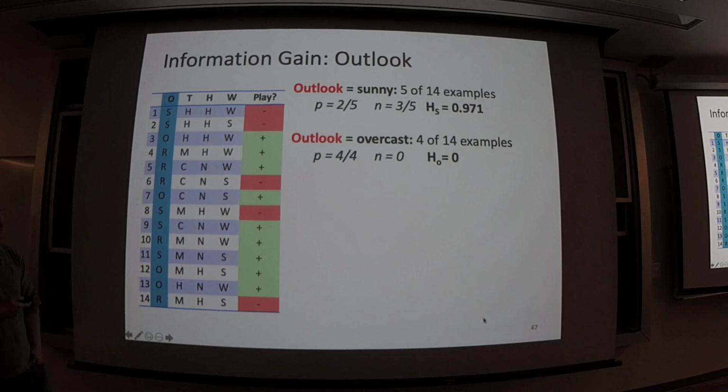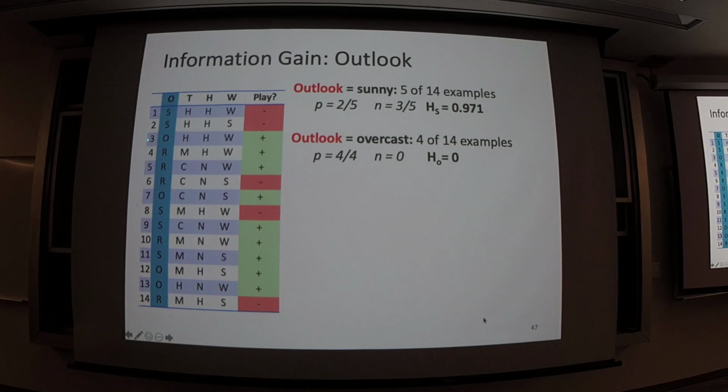The second attribute value that outlook takes is overcast. When the days are cloudy, there are 4 examples. Here, number 3, outlook is overcast. And 7, outlook overcast. And 12, outlook is overcast. And 13, outlook is overcast.